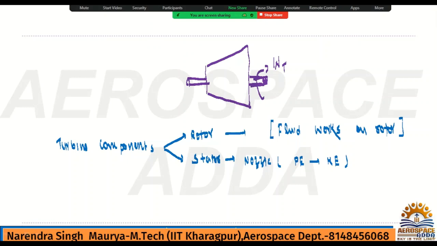All right, anyway, now we'll have a rotor and stator, so I will show that diagram.